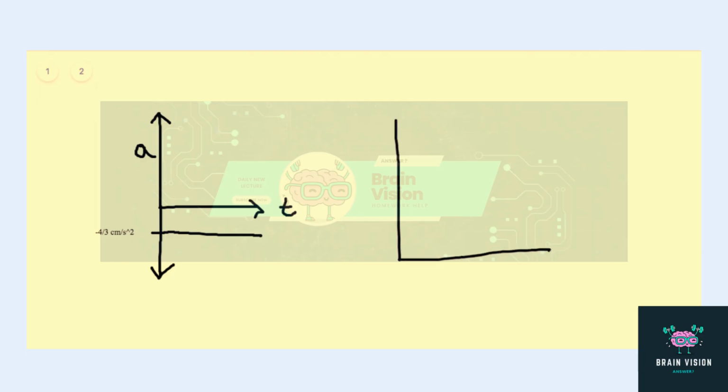So if we do position as a function of time, this is our x, this is our t. Now notice the position function is a quadratic. This means that the position is going to be the shape of a parabola.